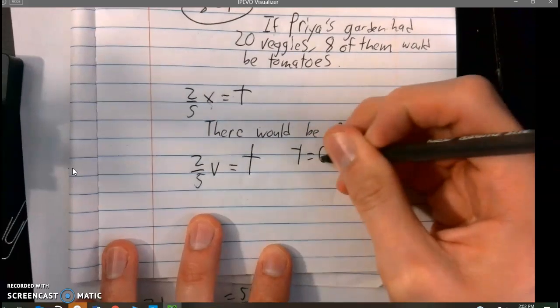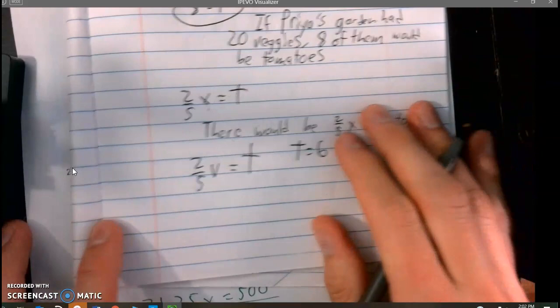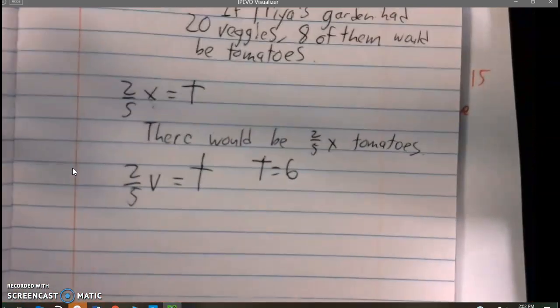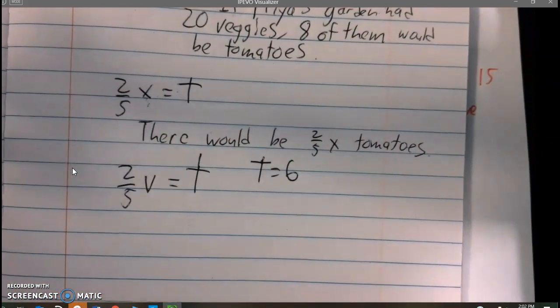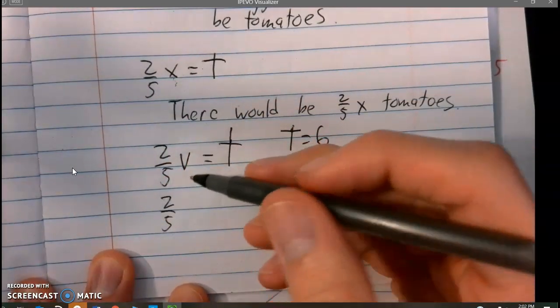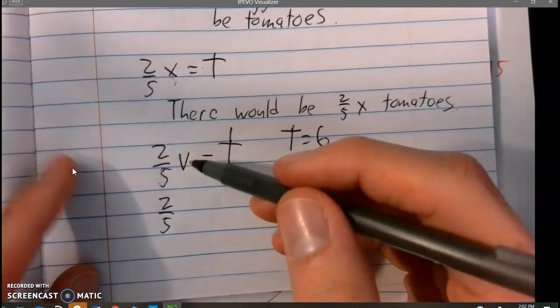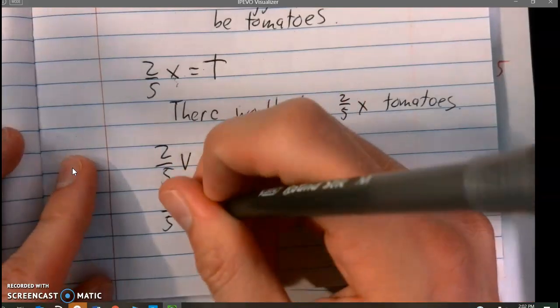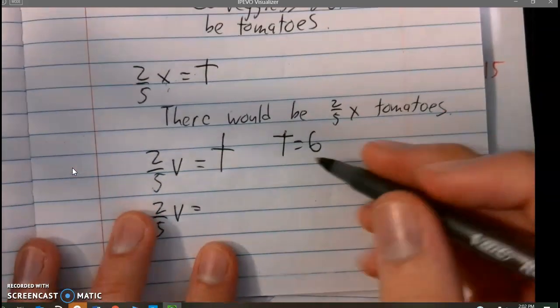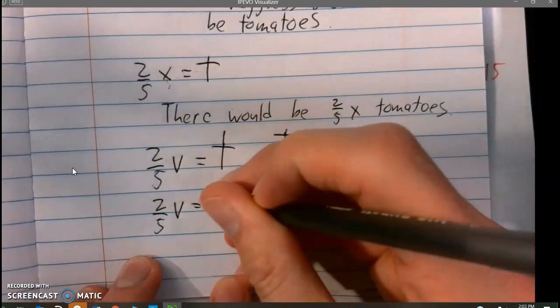And they're saying that there are 6 of them. So once again, we're given a value for a variable. We need to substitute that in. However, in the last problem, we substituted in for V because we were told how many veggies there were. But in this one, we were told how many tomatoes there were.